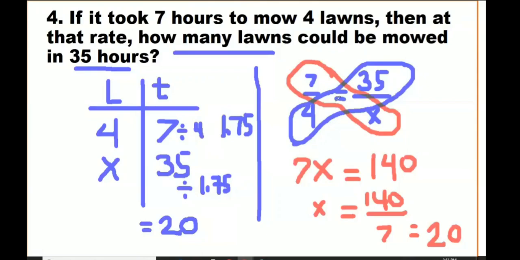First, multiply the diagonal that has two quantities, like 4 and 35. 4 times 35 is 140. Then you immediately divide it by the remaining number, which is 7. Again, 4 times 35 divided by 7, that's 140 divided by 7. The answer is 20.